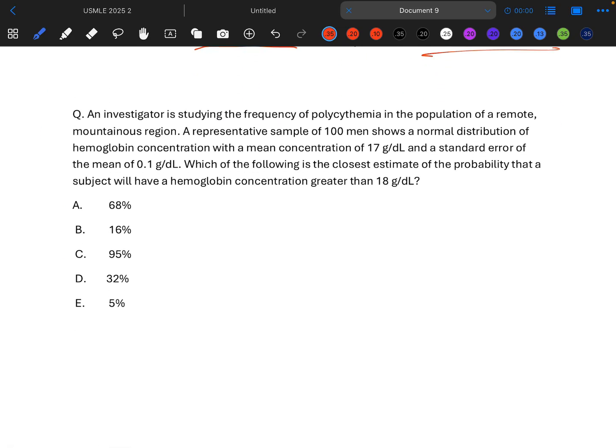Our next question is about investigators studying the frequency of polycythemia in the population of a remote mountainous region. A representative sample of 100 men shows a normal distribution of hemoglobin concentration with a mean concentration of 17 gram per deciliter and a standard error of the mean of 0.1 gram per deciliter. Which of the following is the closest estimate of the probability that a subject will have hemoglobin concentration greater than 18?